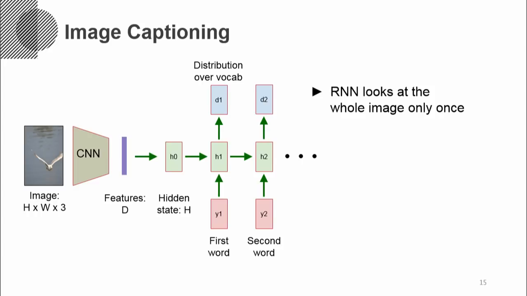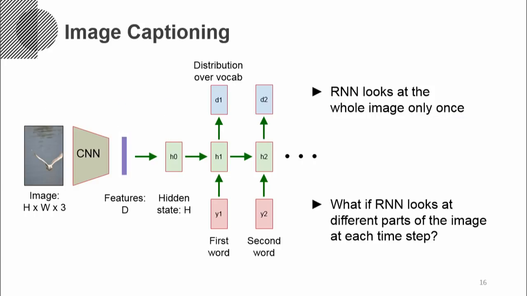But in this model, our RNN module looks at this whole image only once in the very beginning of our caption generation process. But what if the RNN looks at different parts of the image at each of our time steps when generating different words?